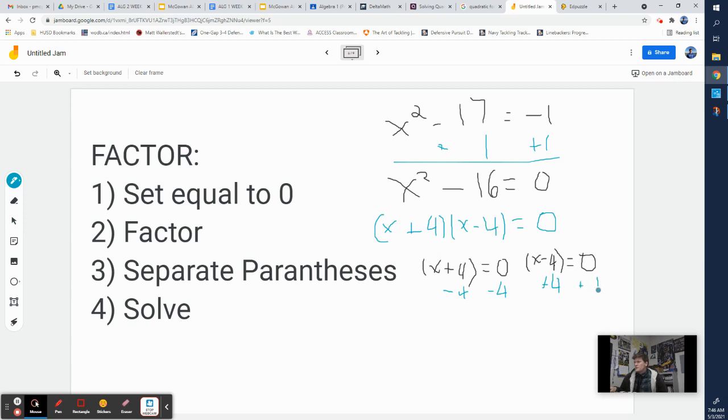The nice thing when you're doing this with 0 is you don't really have to do anything, because the 0 will not change it. If I have 0 minus 4, it ends up as negative 4. If I have 0 plus 4, it ends up as positive 4. Quick little reminder video on factoring. Does that make sense? Negative 4, positive 4.